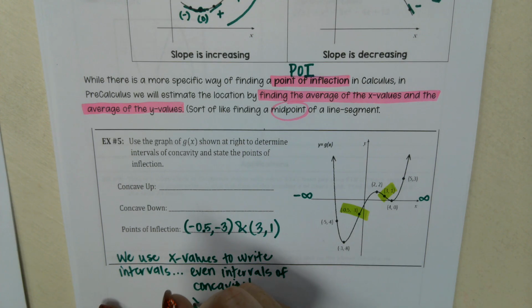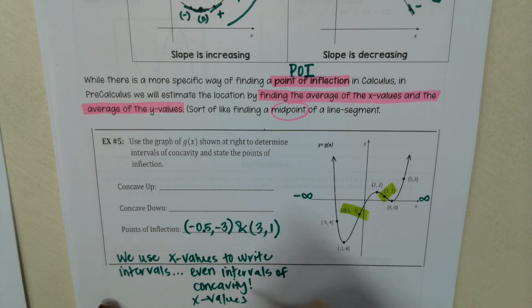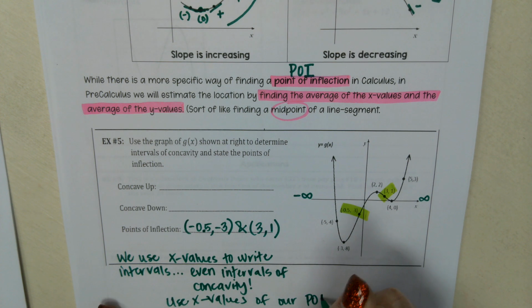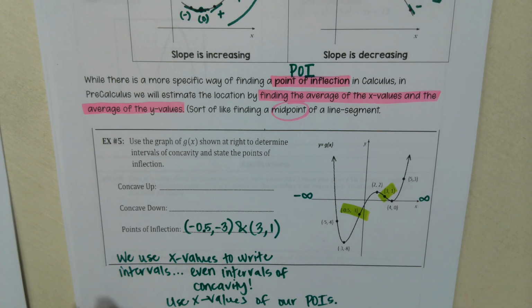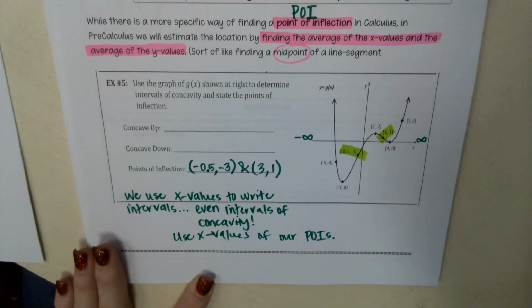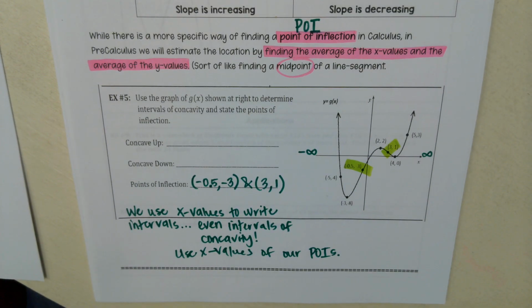Okay, we are going to use the X values of our points of inflection. I'm going to say of our POIs. Okay? We use X values to write intervals, even intervals of concavity.